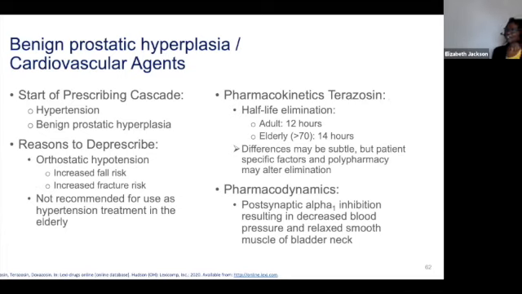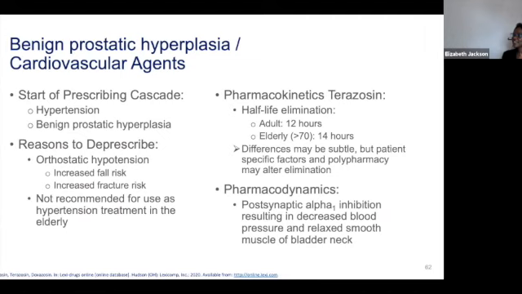BPH and cardiovascular agents. Let's say you have a patient that has benign prostatic hyperplasia and you prescribe terazosin. The elderly patient, let's say they're over 70, their half-life is 14 hours compared to someone who's not elderly, that's 12 hours.